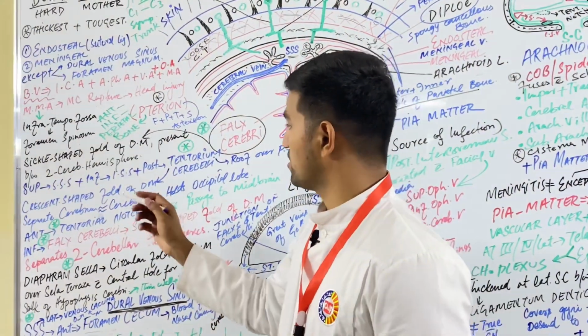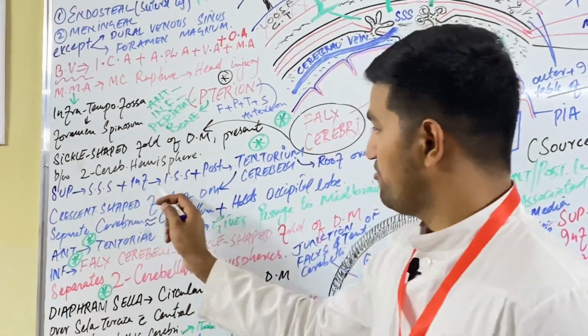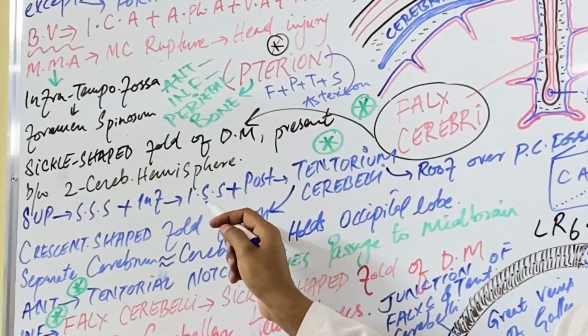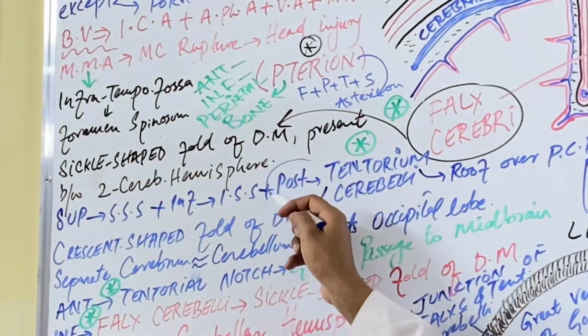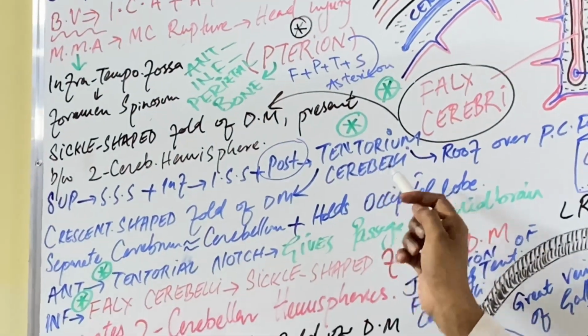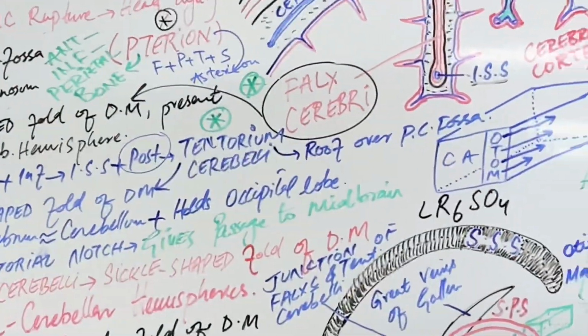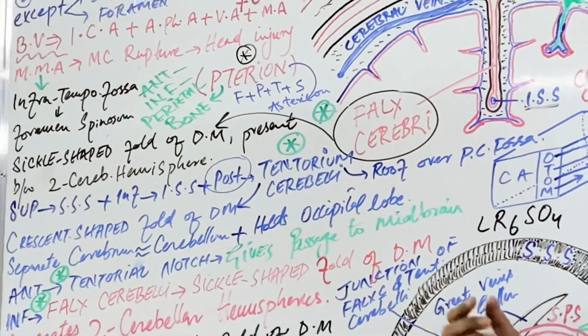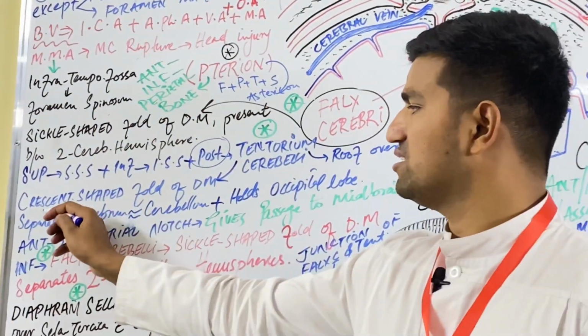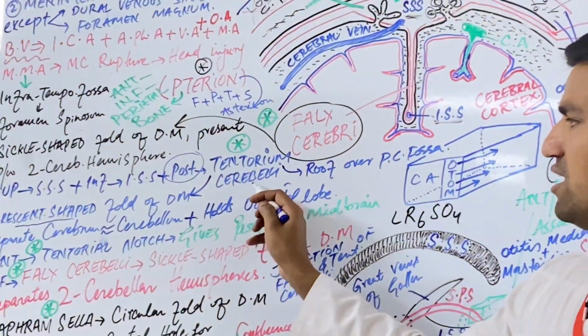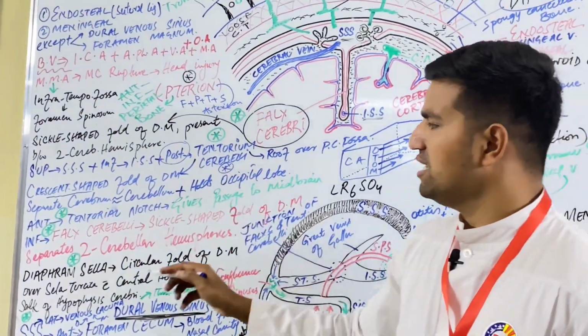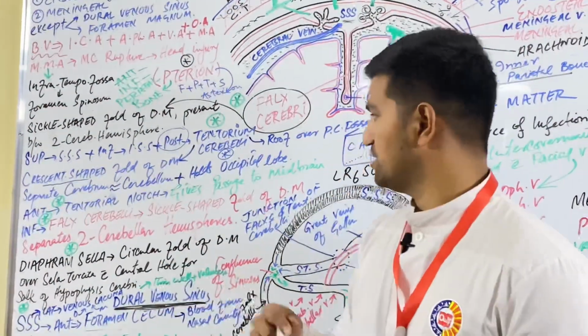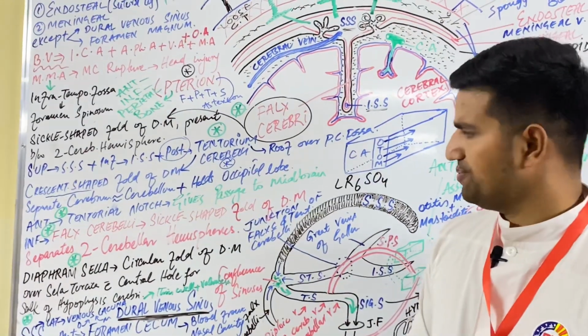You can see over here, inferior to the inferior sagittal sinus and posterior to this, we have the tentorium cerebelli, which makes the roof over the posterior cranial fossa. It is a crescent-shaped fold of dura mater which separates the cerebrum from the cerebellum and holds the occipital lobe.